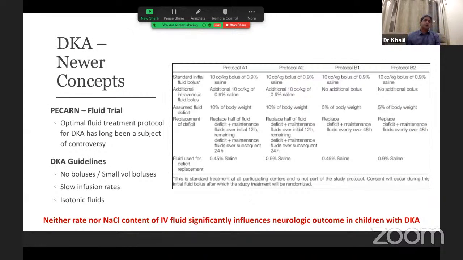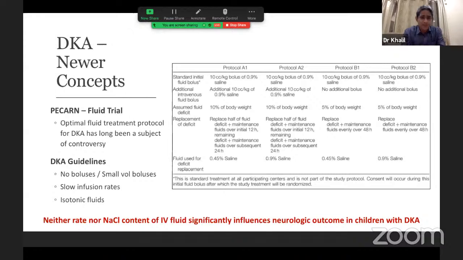Now coming to the newer concepts in the management of diabetic ketoacidosis. So we have this PECARN FLUID trial. PECARN is the Pediatric Emergency Care Applied Research Network, and FLUID here stands for Fluid Treatment Under Investigation in DKA trial.